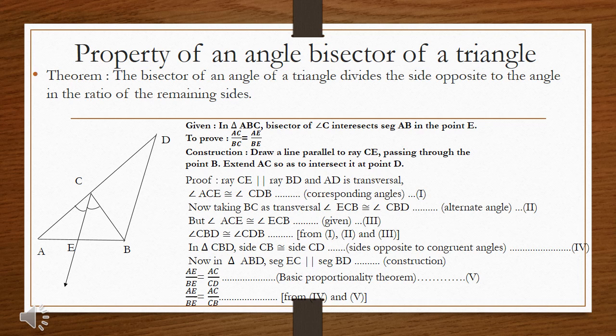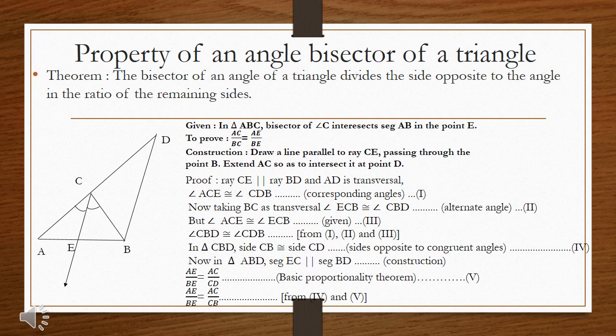Now what we have to prove? We have to prove that this bisector divides the side opposite to the angle in the ratio of the remaining sides. The side opposite to the angle is side AB and the remaining sides are side AC and side BC.